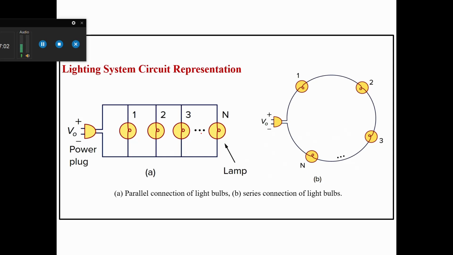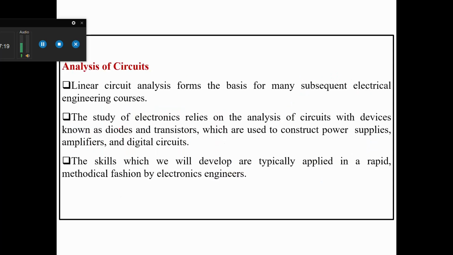So usually we can represent series circuits and parallel connections in this form. You can easily see that if one part is disconnected, the loop will not complete. However, if any of these lamps doesn't work, the circuit will still continue to work with the other lamps.